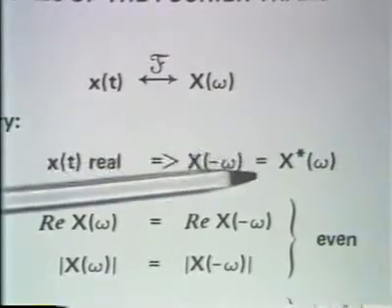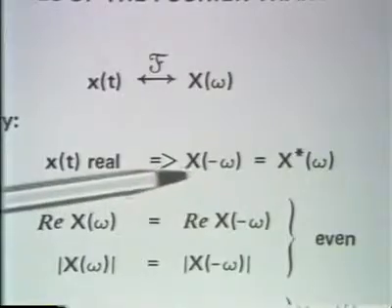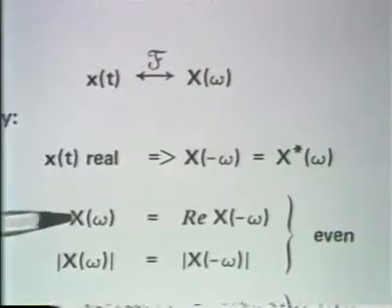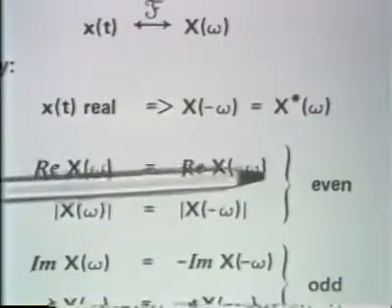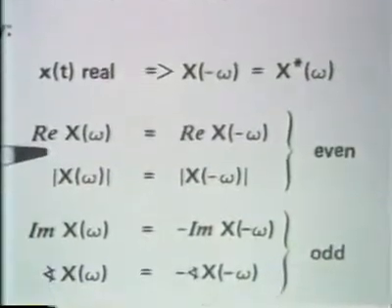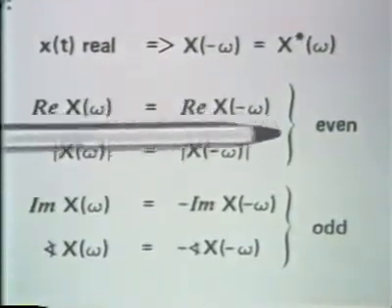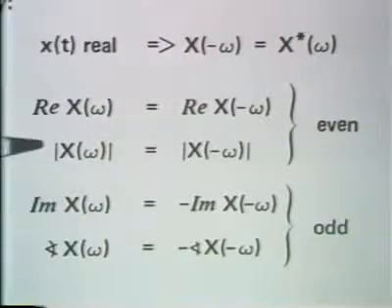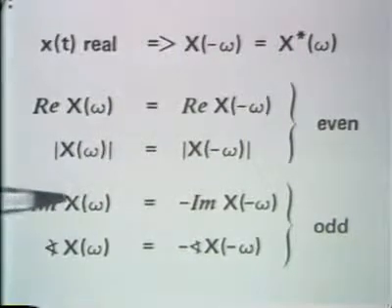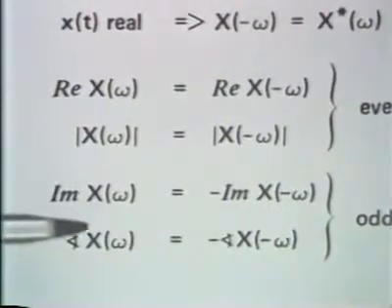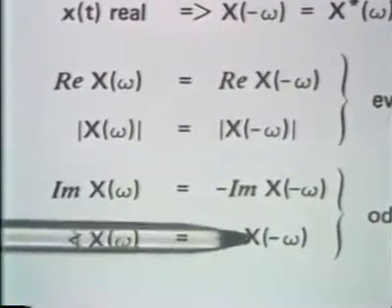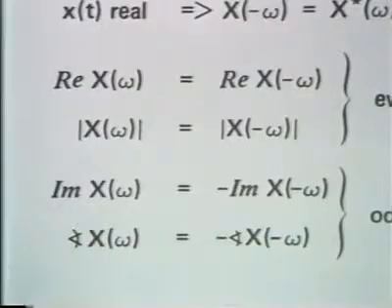And a consequence of that, if we think in terms of the real part of the Fourier transform, the real part is an even function of frequency, and the magnitude is an even function of frequency, whereas the imaginary part is an odd function of frequency, and the phase angle is an odd function of frequency.